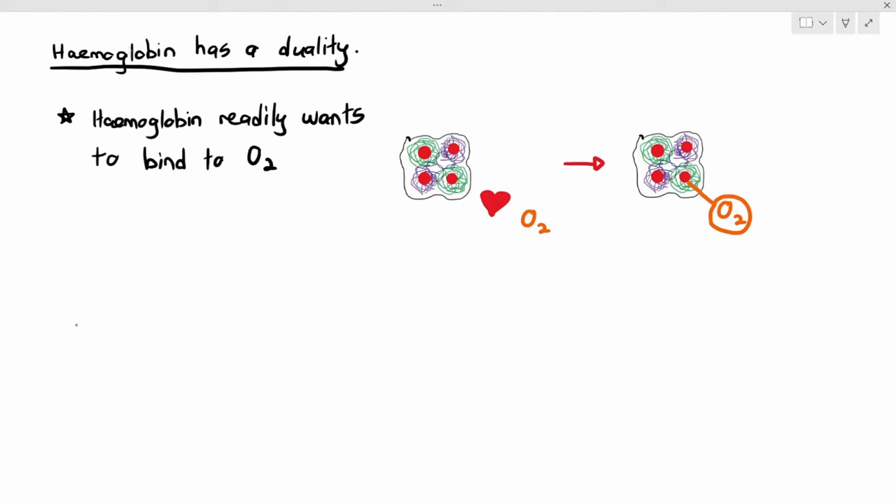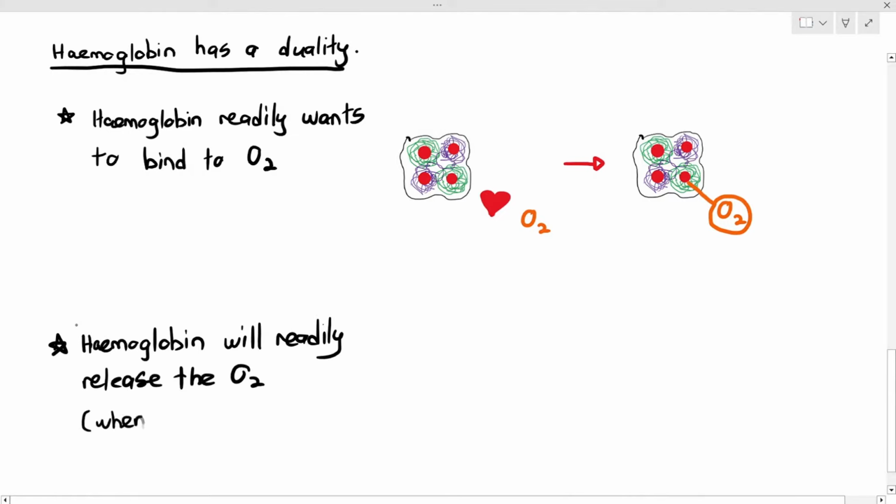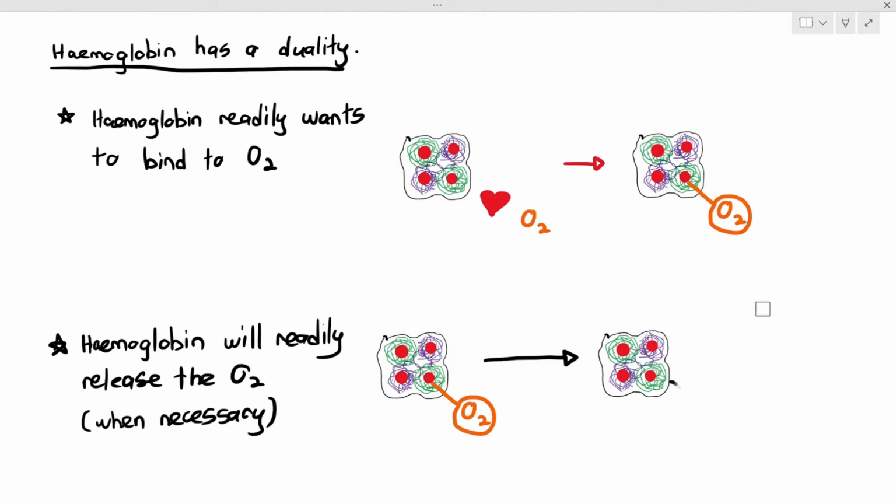But that's where the second characteristic of hemoglobin comes in, which is why it's a duality: hemoglobin will readily release the oxygen when it's necessary. So the hemoglobin here is attached to the oxygen, it gives the oxygen a kick and it yeets the oxygen away. All right, so this is the weird thing about hemoglobin.